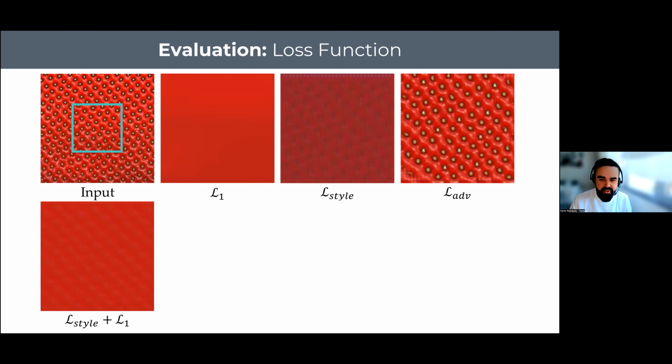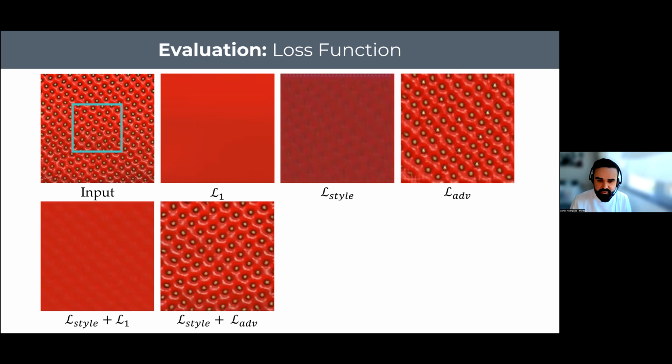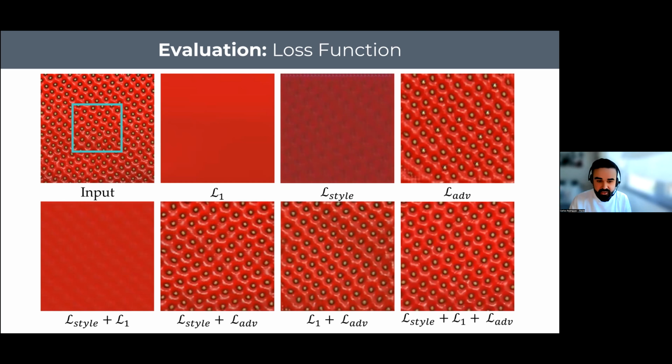If we only use the discriminator, the quality of the results improves significantly, but it still contains some artifacts. So we use the combination of these three loss functions to generate the final training loss function, which provides the semantic understanding of the adversarial loss with the regularization provided by the L1 and the style loss. That's why we use three loss functions.